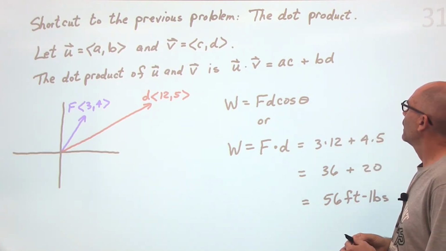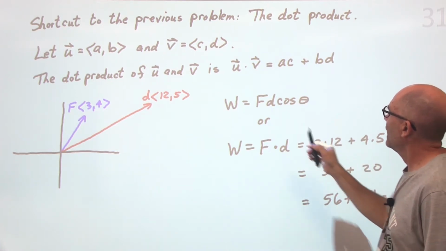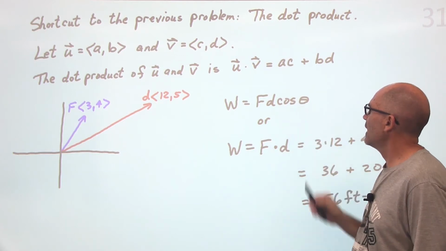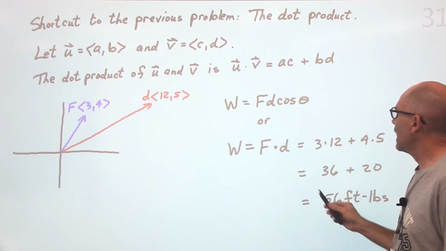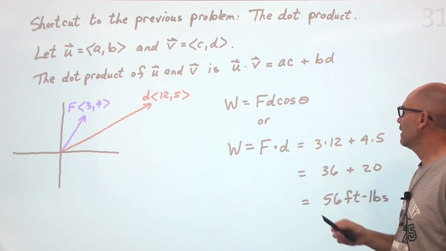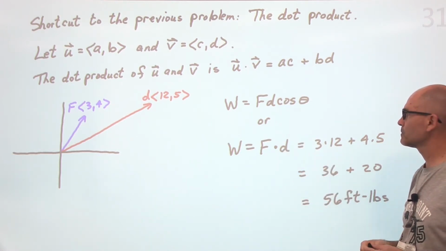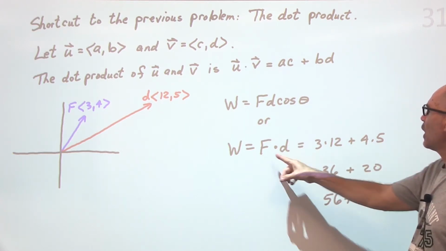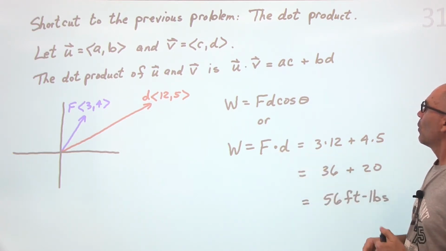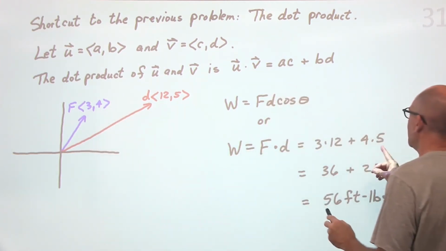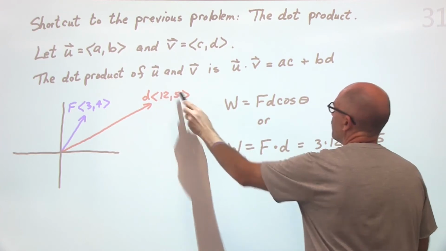And so you could say that work is F D cosine theta, or you could say work is F dot D. Same thing. So let's look at F dot D. Remember, the force is 3, 4 and the distance is 12, 5.